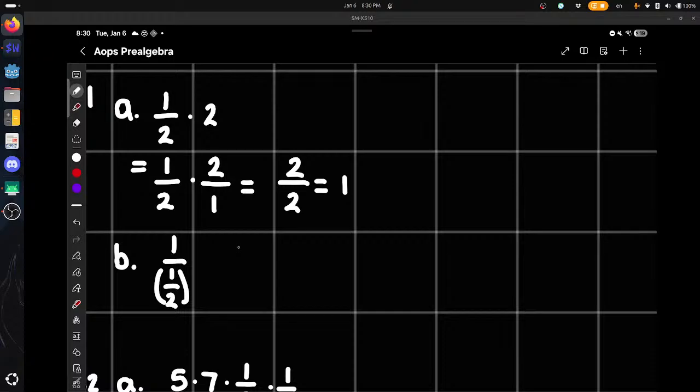What does the reciprocal of the reciprocal of 2 give us? 2. Can't use division because they haven't taught us that yet.